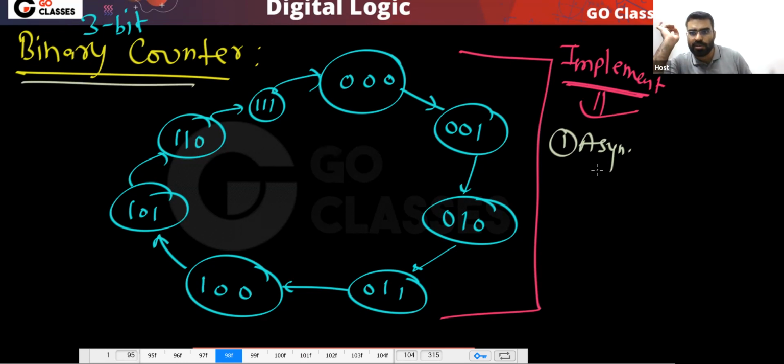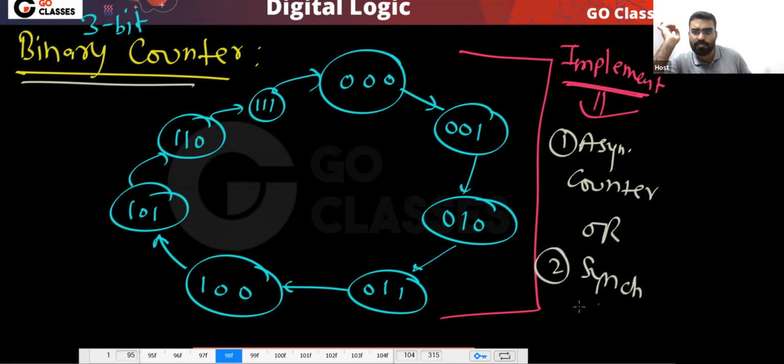You can implement this either as an asynchronous counter, or you can implement this as a synchronous counter. Is this clear?